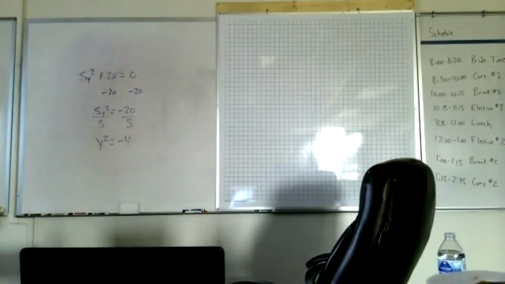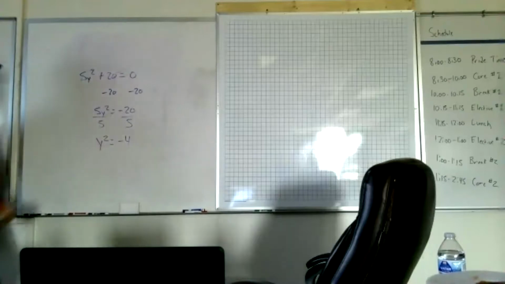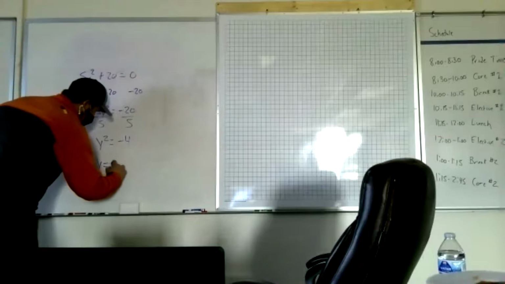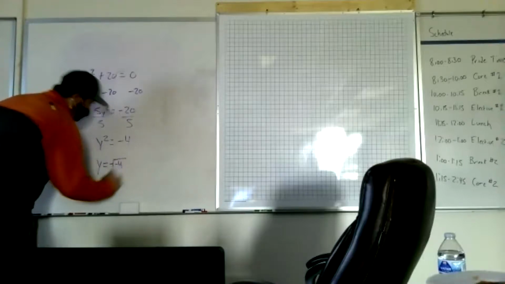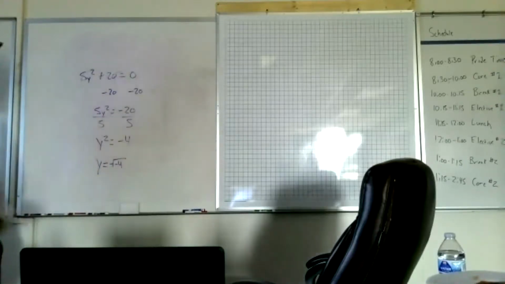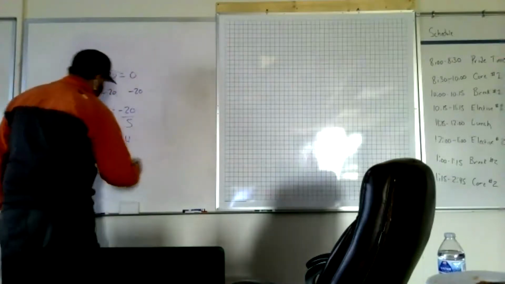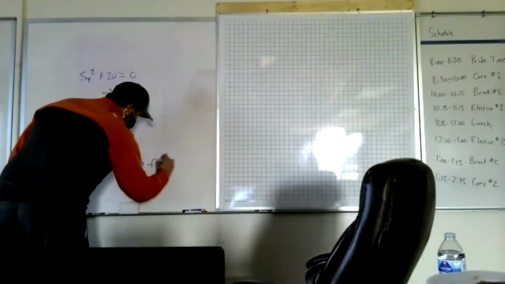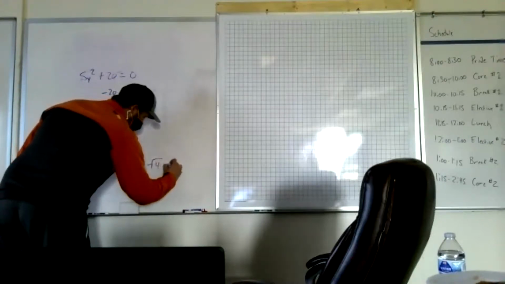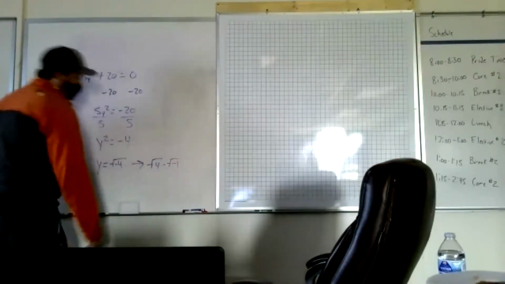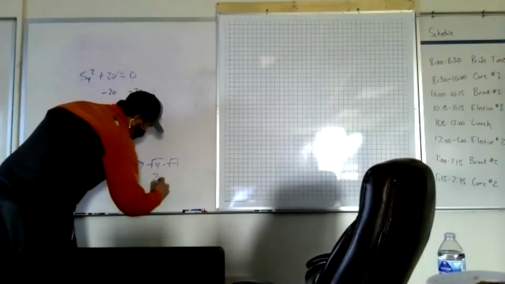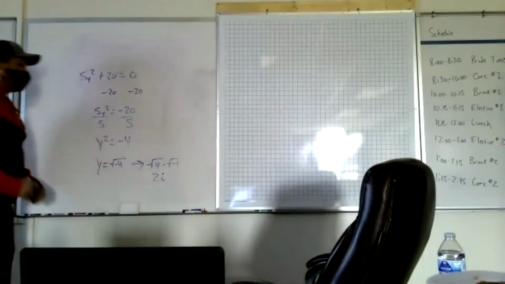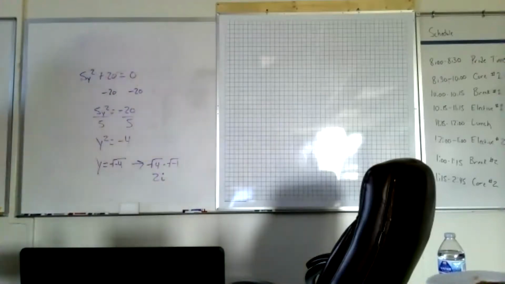The way we get rid of the square is we take the square root of both sides. So y is equal to the square root of negative 4. The square root of negative 4 can be broken down to the square root of 4 times the square root of negative 1. Square root of 4 is 2. Square root of negative 1 is I. So our answer is 2i.